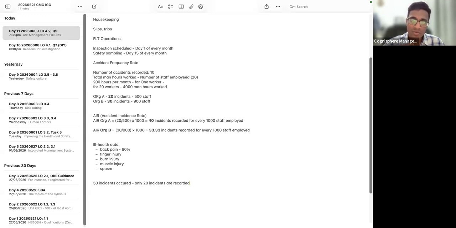So I can answer many questions from analysis. I can ask, in this warehouse, at what time most incidents are occurring. From the analysis, they may say 8 a.m. to 10 a.m. is when the most incidents are recorded. Then I can ask which particular location has the highest number of incidents recorded.